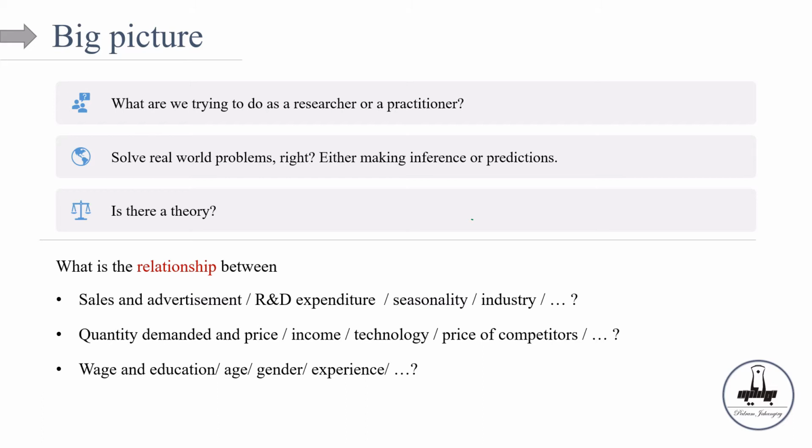So it all narrows down to the type of the data set that you're working with, and more importantly, what's your end goal? What do you want to do with that question? All right. So now let's look at a couple more examples in more detail to see what I mean by type of data sets and what's your goal as a practitioner or a researcher.